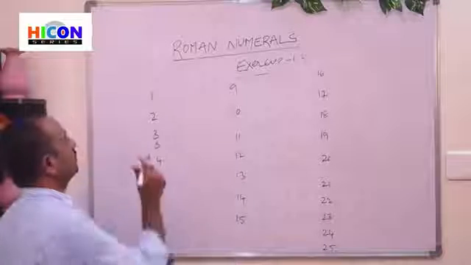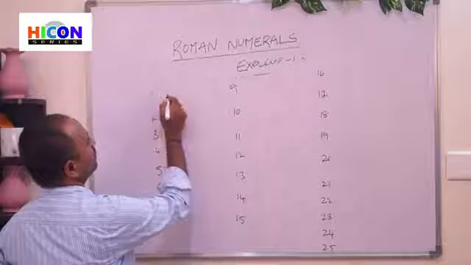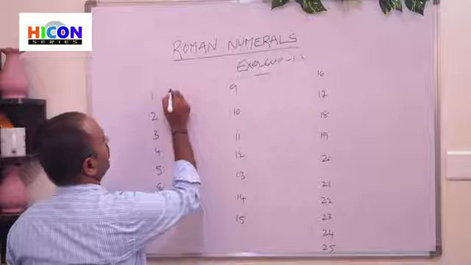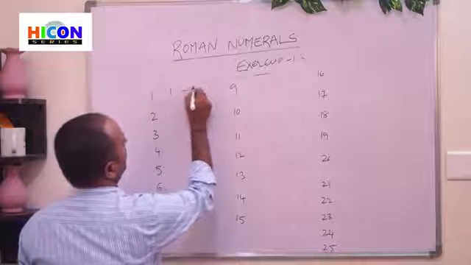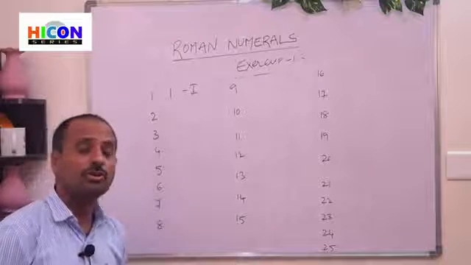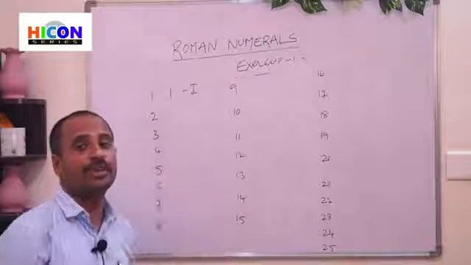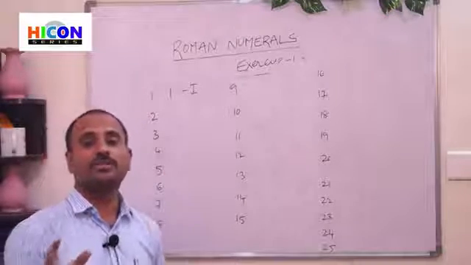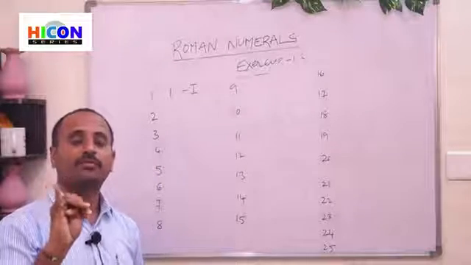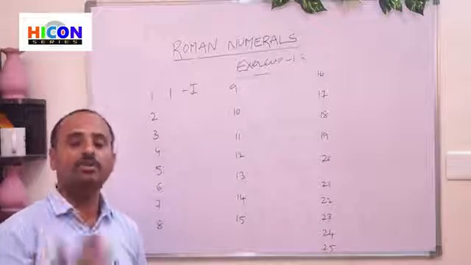The first one is 1. 1 represents I. So children, there is no 2 in the Roman numeral system. Already we have discussed that the symbols are 1, 5, 10, 50, 100, 500, 1000.